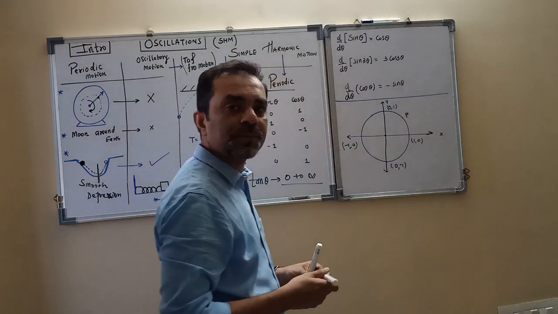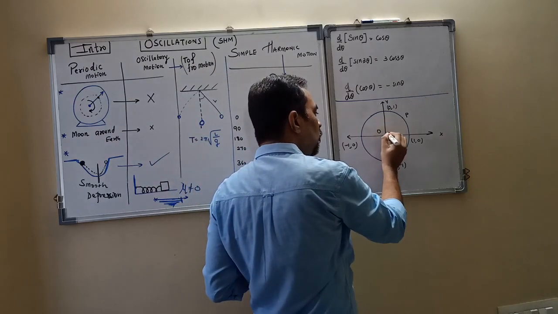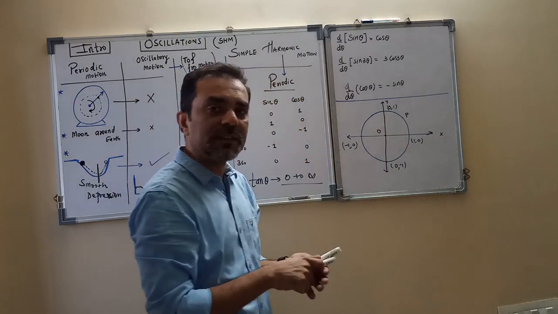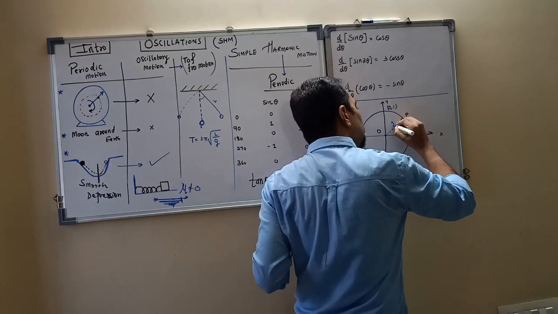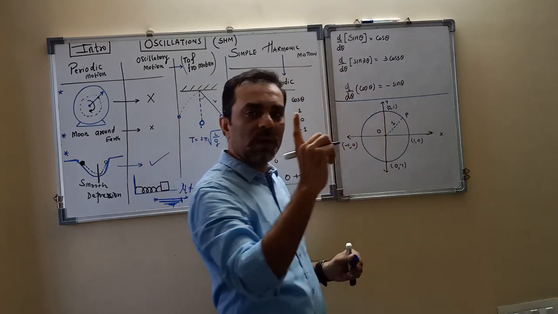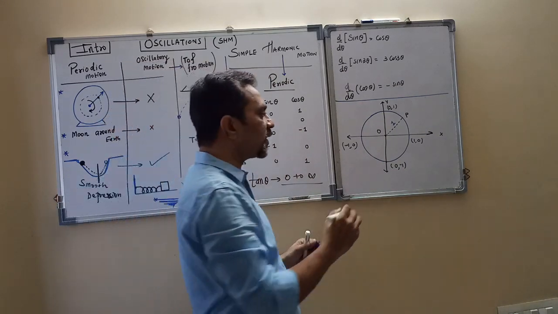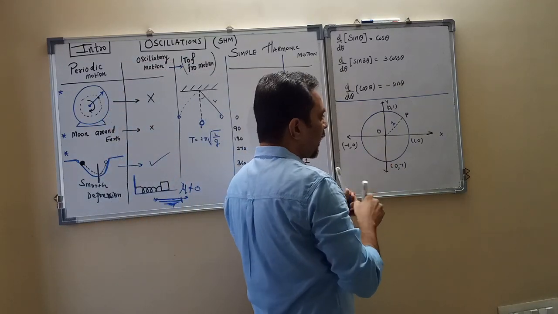Now tell me, suppose I take some point over here, I have taken a point P, and this is O. O is the origin as well as the center. Tell me, I joined O and P, so we know the value of OP. What is that? OP equals 1. Here it is a standard unit circle, radius is 1. Suppose I now take this angle as theta.